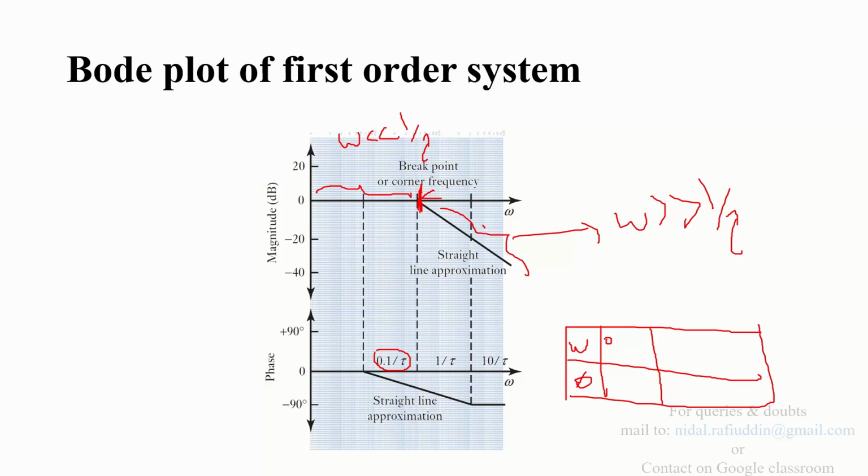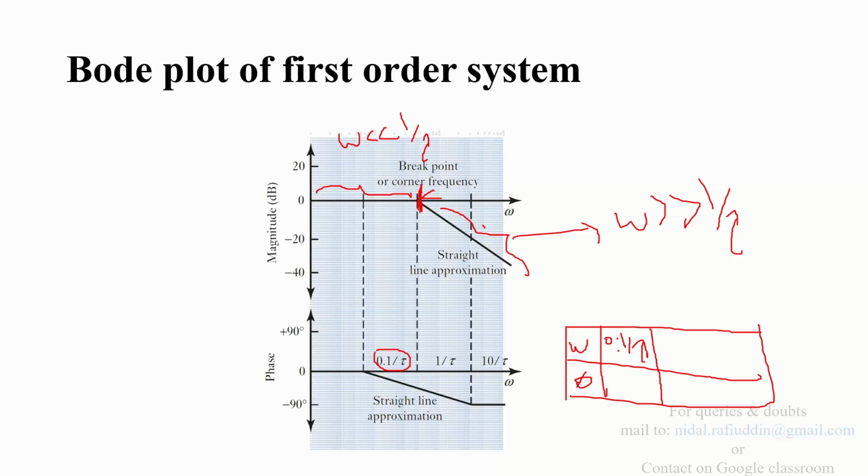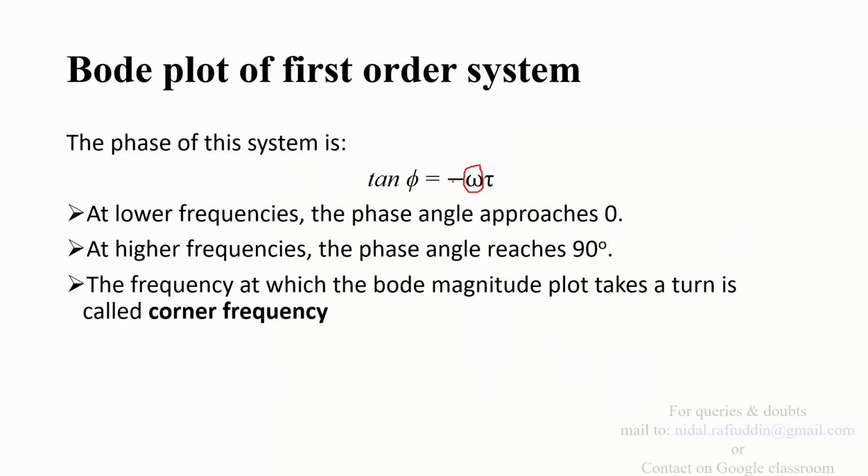So if you assume that omega is 0.1 divided by tau and look into the expression of the phase angle, we see that phi is equal to tan inverse of minus omega tau. So if we substitute in place of omega the value 0.1 by tau, what we get is minus 0.1, and the angle phi will be equal to tan inverse of minus 0.1, which will be close to 0.